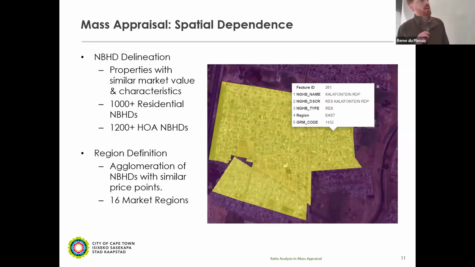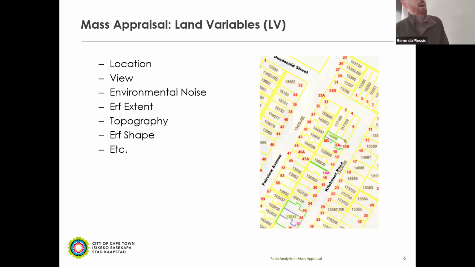For instance, if we go back here, we have environmental noise. That has a negative impact on your property if you live in Gordons Bay and you are right on the sea road and you hear cars coming past the whole time. That decreases the value of your property.